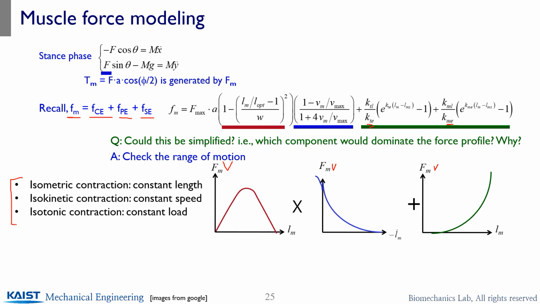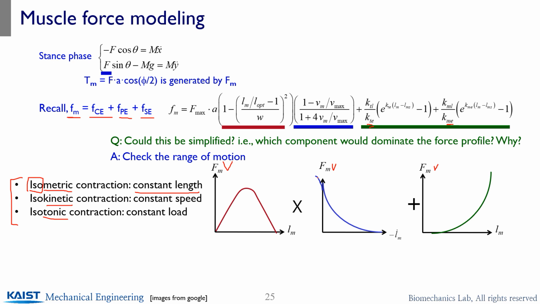I'm going to briefly introduce the terminology that's often used in mechanics. Iso means the same, the constant. Metric means the length, kinetic means the speed, and tonic means the force, the magnitude of the force. So isometric contraction means you make a muscle contraction with constant length, which means suppose your arm is in a fixed configuration and you just apply force.